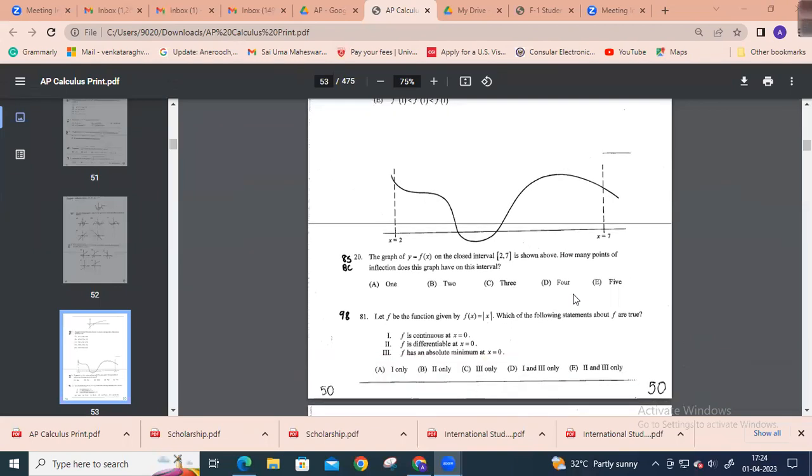Yeah, please do this question, the 20th question. Points of inflection are the points where the function is changing from concave up to concave down.